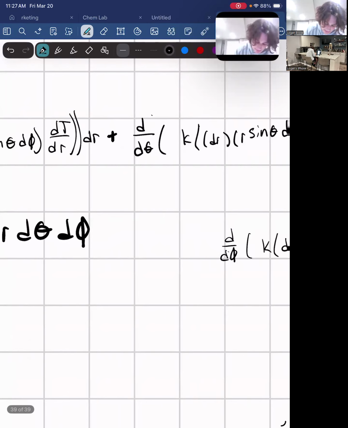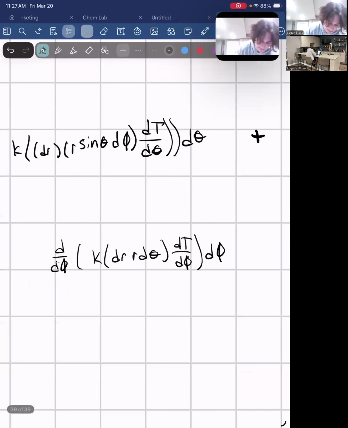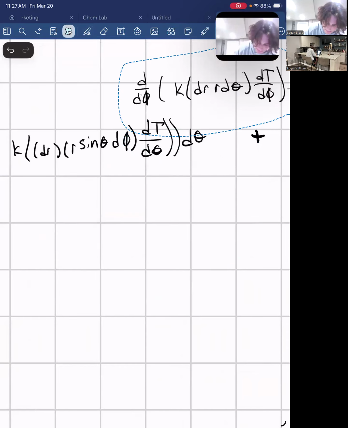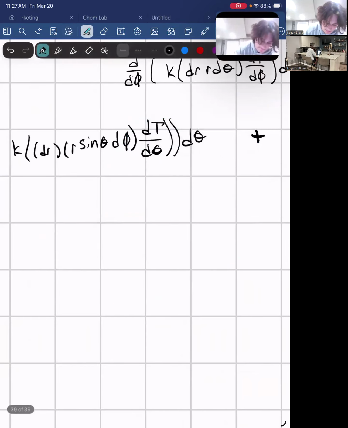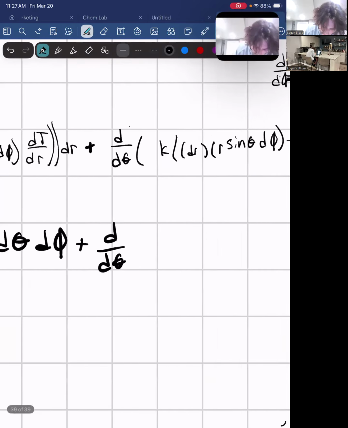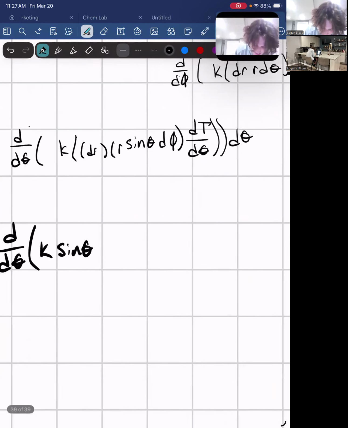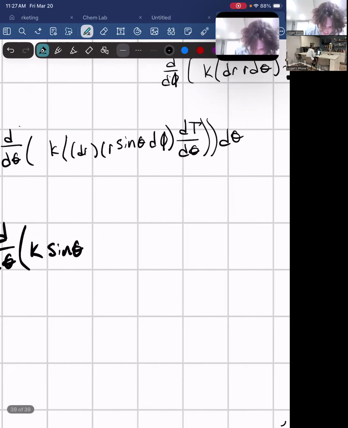And then we can move on to this next one. I'm going to move this up real quick. We move on to the next one, d d theta. So it's k, and then our sine has to stay in because there's a theta. So sine theta, right?